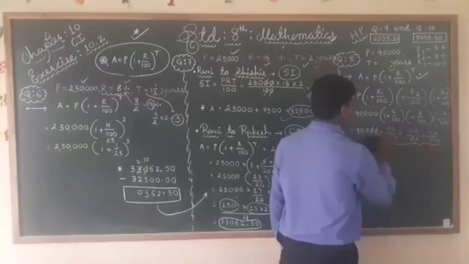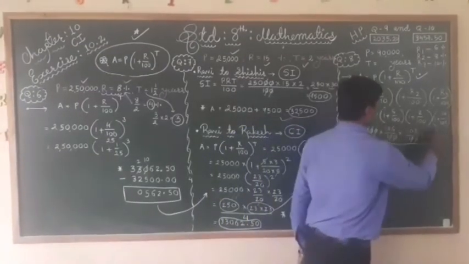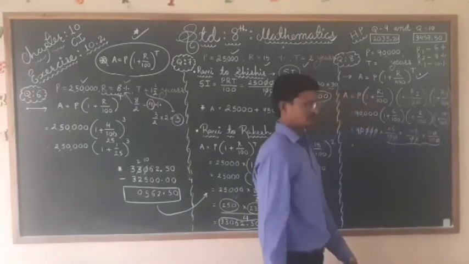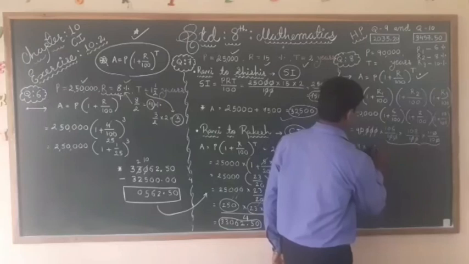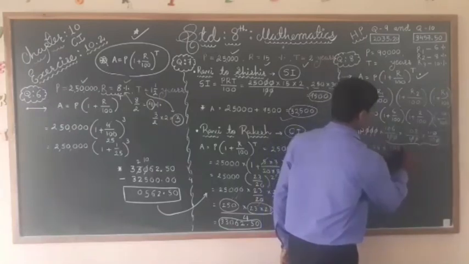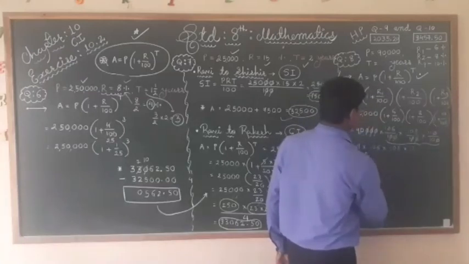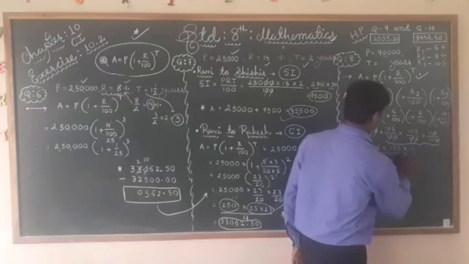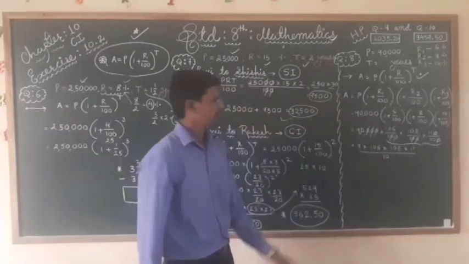Again 2 0 remain, so 2 0 out. Now here also 1 0 out, 1 0 out. So here 9 into 106 into 108 into 11 divided by 10. That value remains.